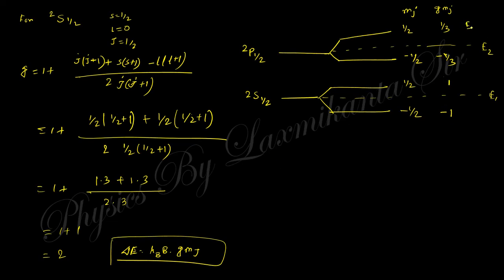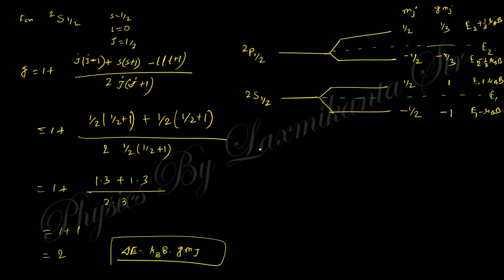This is E2 plus mu B into g into mj, which is 1/3 mu B. Similarly for that one, E2 minus 1/3 mu B, and this one is E1 plus mu B, and this is E1 minus mu B, g into mj. So you get the energy levels.